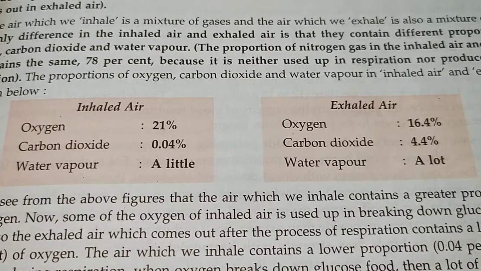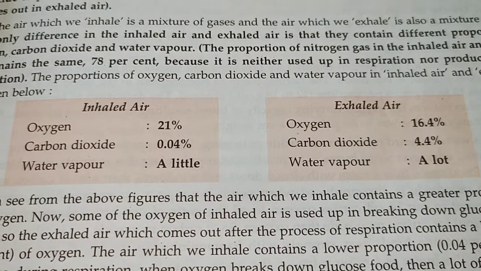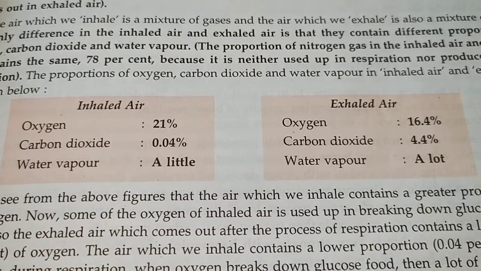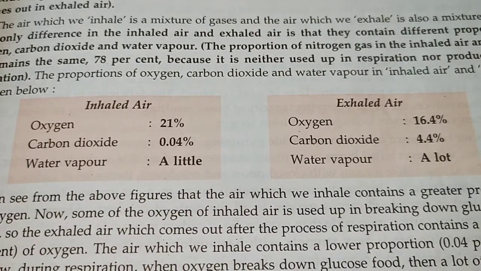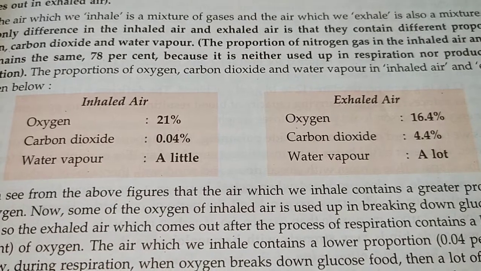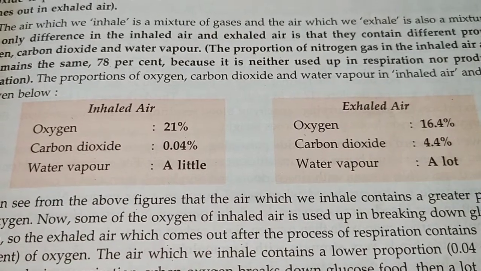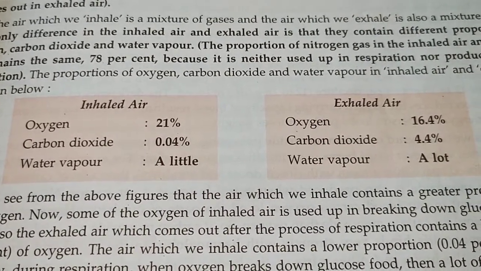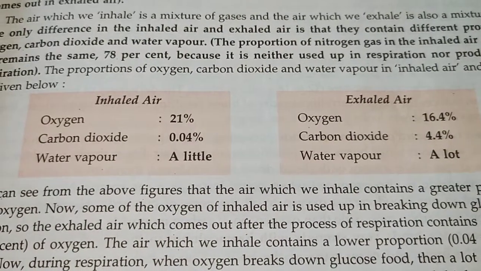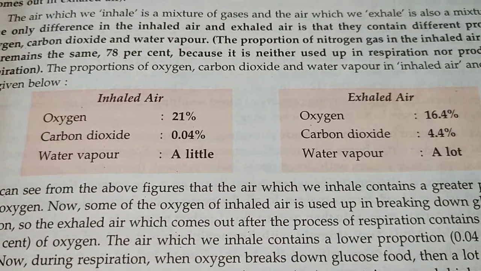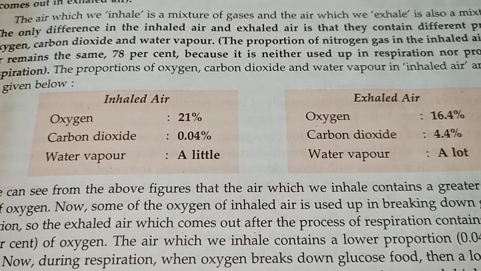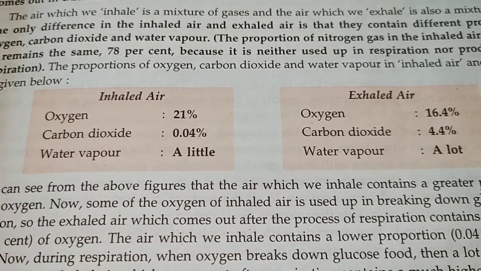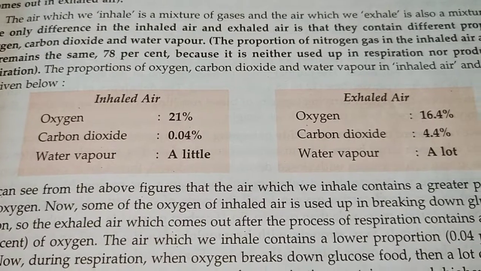Carbon dioxide is approximately 0.04% in inhaled air, which is up to 4.4% in exhaled air. Exhaled air contains a lot of water vapor, because we have already read that the products of cellular respiration are carbon dioxide and water vapor.